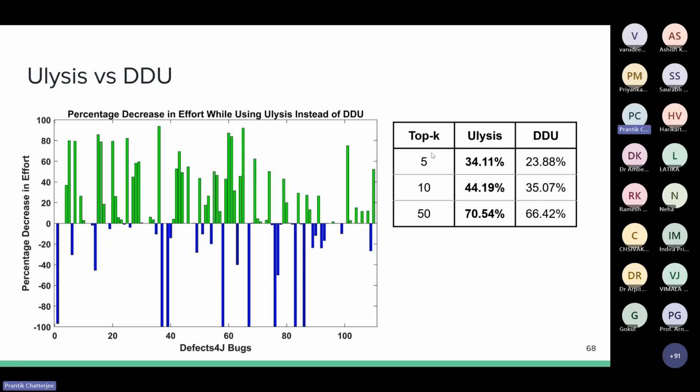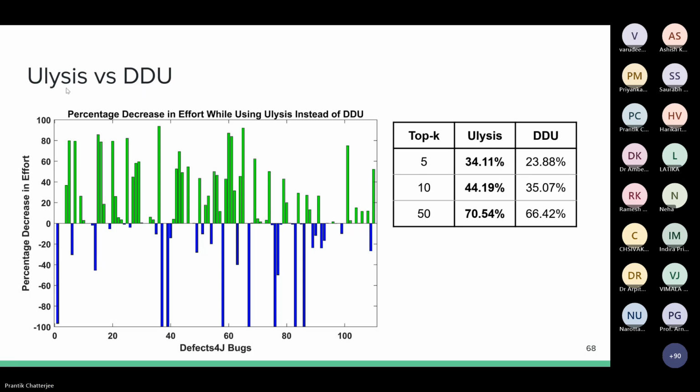If you examine the rank list, you see that Ulysses is able to place 34% of the buggy components within the top 5, while DDU is able to do this for only 23%. Similarly, if you only take the top 10 components of the rank list, 44% of the buggy components will appear within that. So around half of the buggy components you can catch by only examining your top 10 components.